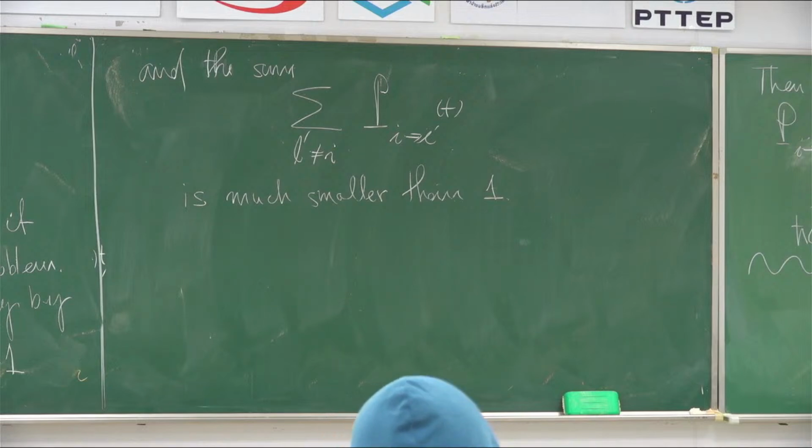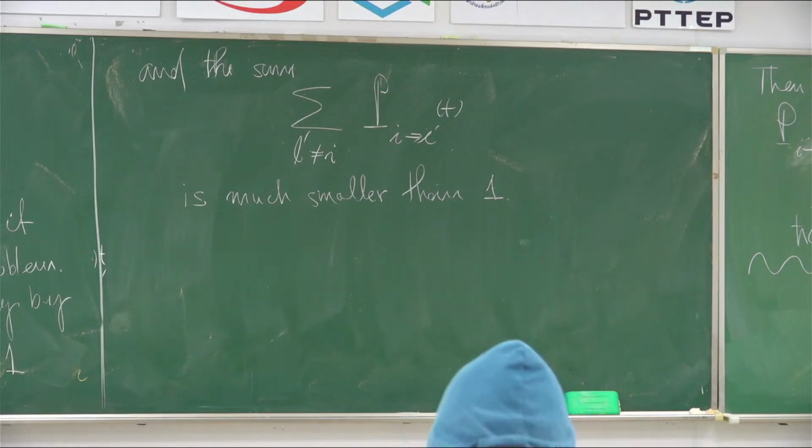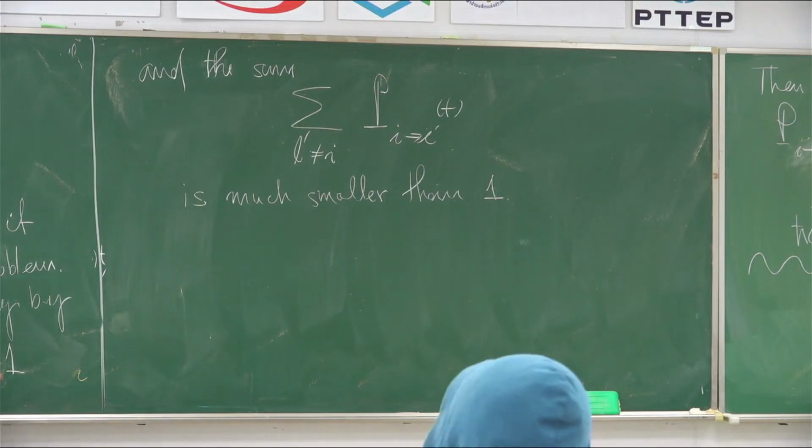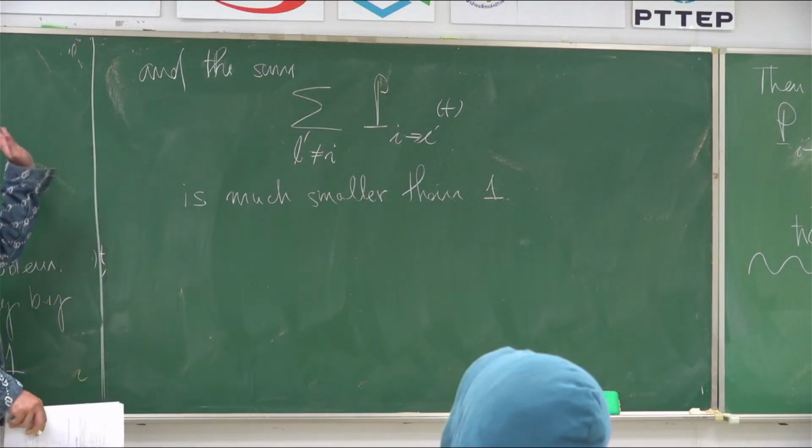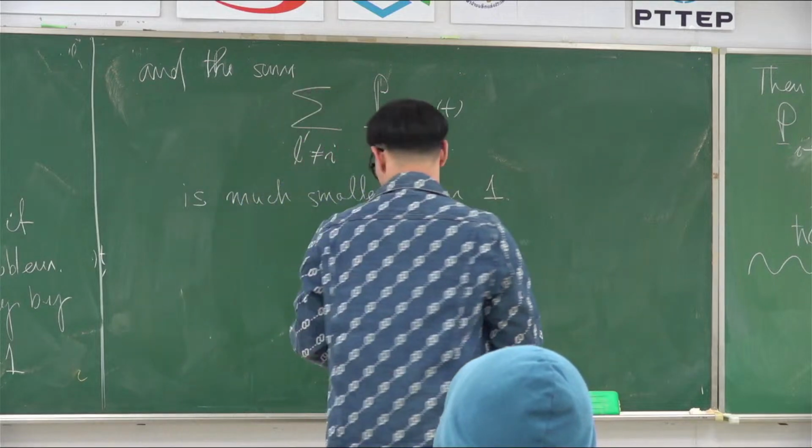So, in short, this whole process works because we keep this constraint, right? And then we do the calculation, and then you get this kind of thing.